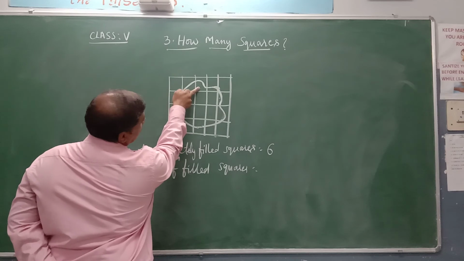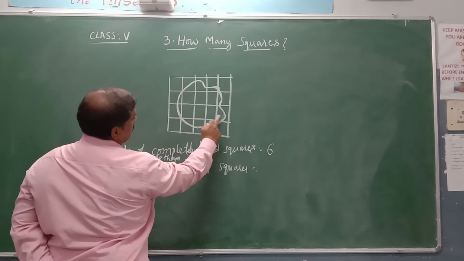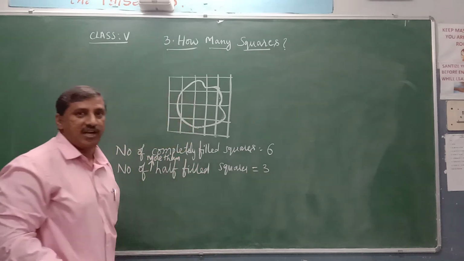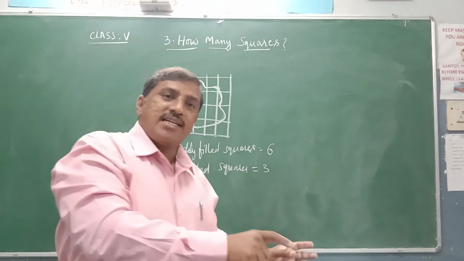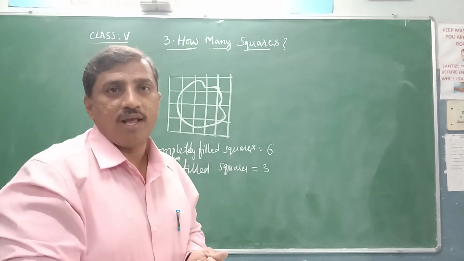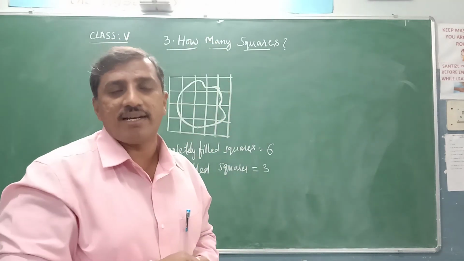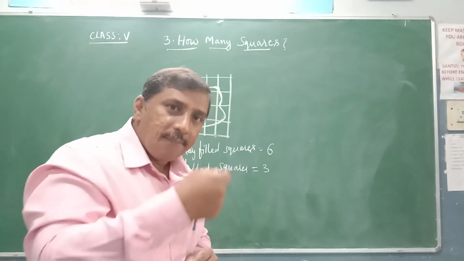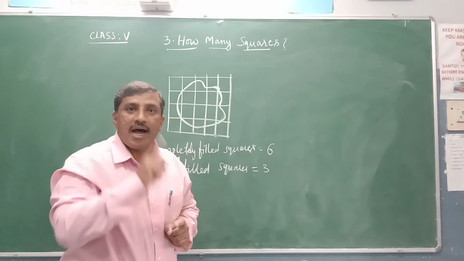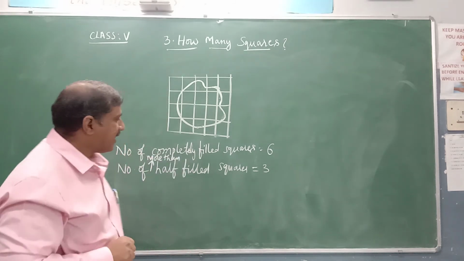This is 1, 2, 3. So 3 squares are there which are more than half filled. Now you consider more than half filled squares also 1 square. Therefore its area will be 1 square centimeter.